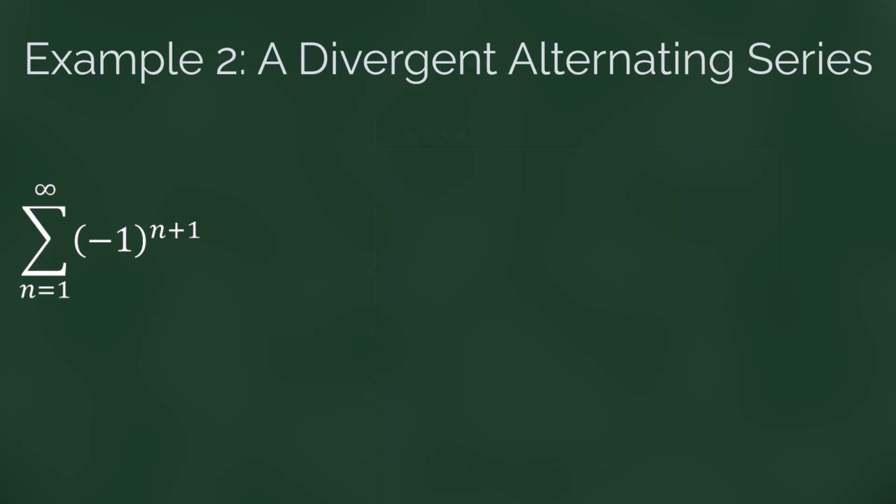Recall that there are two criteria that an alternating series needs to meet in order for it to be convergent. The first is that the terms must be non-increasing. In other words, a sub n has to be bigger than or equal to a sub n plus 1. We know in this series that if n is odd, then a sub n is going to be negative 1 to the n plus 1 power, which is going to be an even number, which is going to be positive 1.